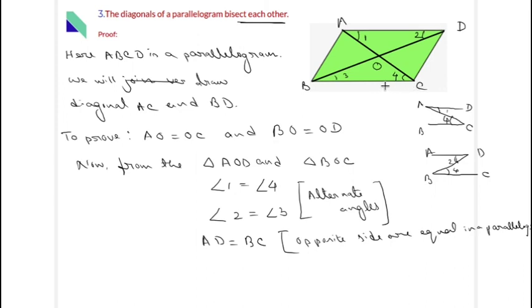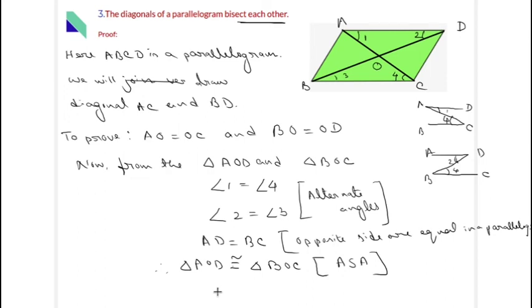Okay, that means according to the ASA property, we will get that triangles AOD and BOC are congruent. Therefore, triangle AOD is congruent to triangle BOC. Which property? ASA congruence property. Okay, according to this, these two triangles are congruent. So, congruent means what?